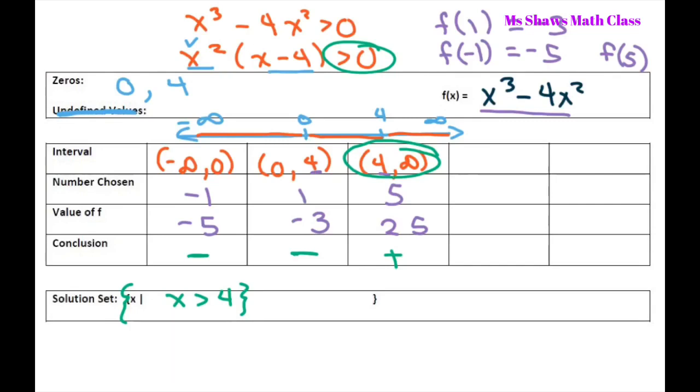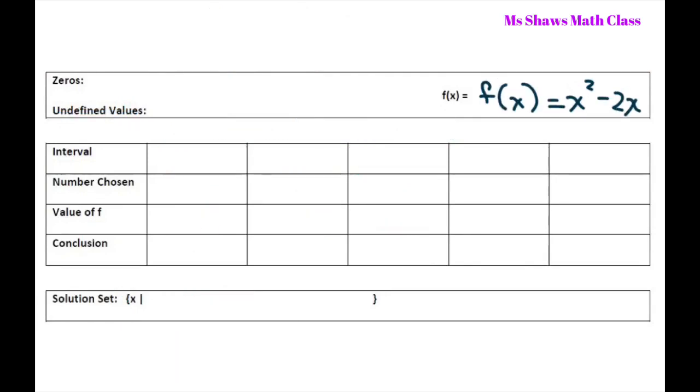All right, and the next one, we had this one. So if I factor out an x, you get x times x minus 2, and we want this also to be positive. So our zeros are 0 and 2. Let's write it like this: our zeros are (0, 0) and (2, 0).